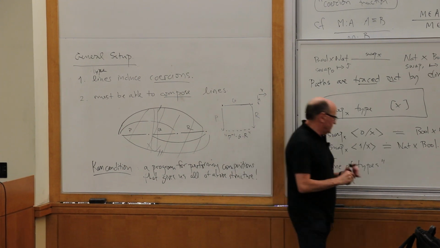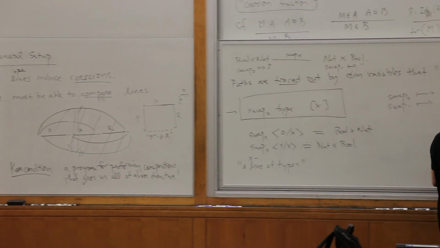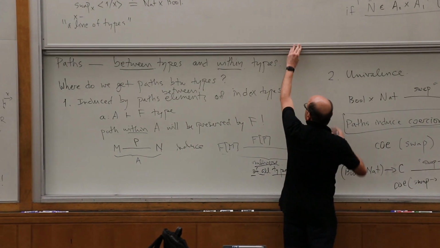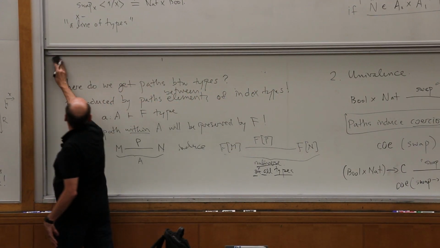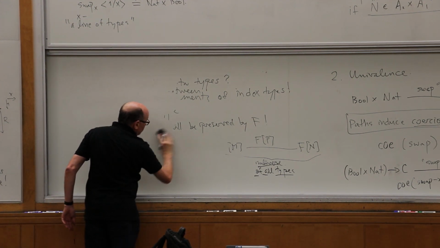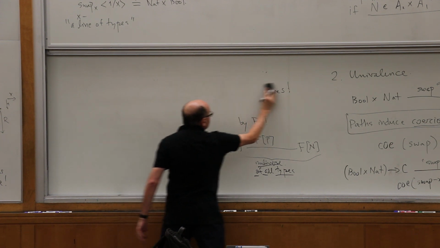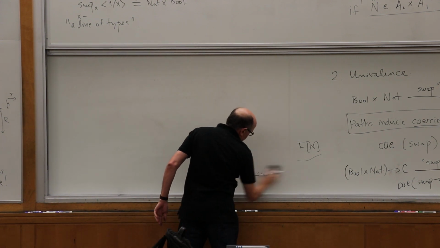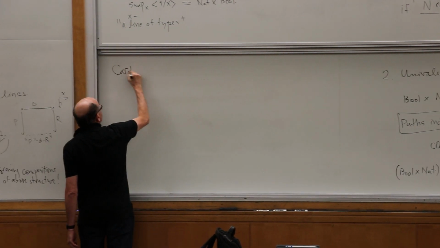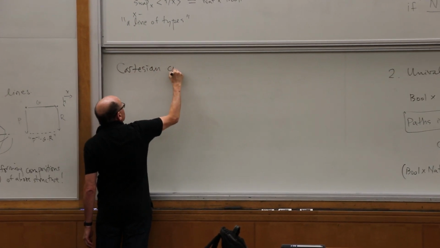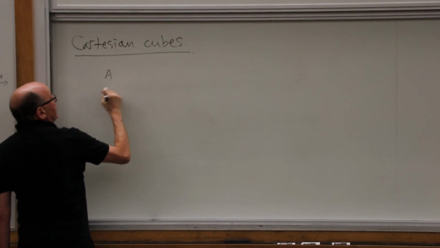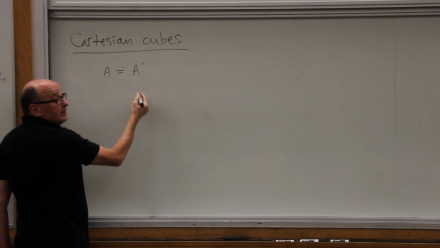So the general pattern is the following. So in the Cartesian setup, so in what is called the Cartesian cube setup, we generally have A as a type where actually we do exact equality.